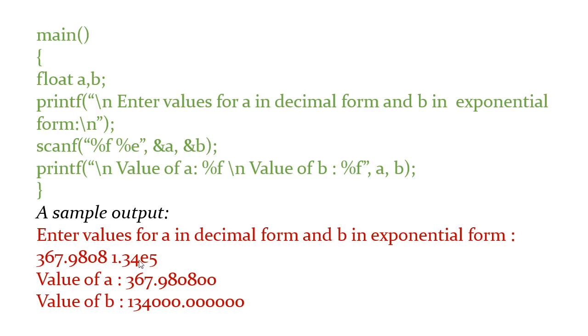Your output will be according to this. If you enter these two numbers, the value of a is 367.980800. Float has by default 6 digits after the decimal place. The value of b is 134000.